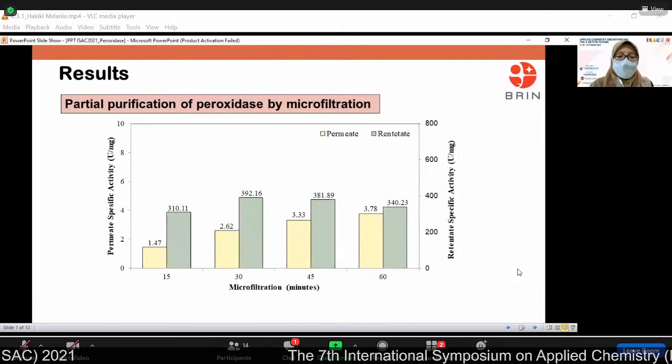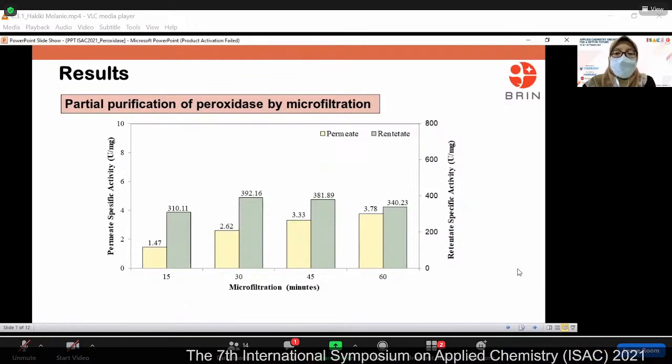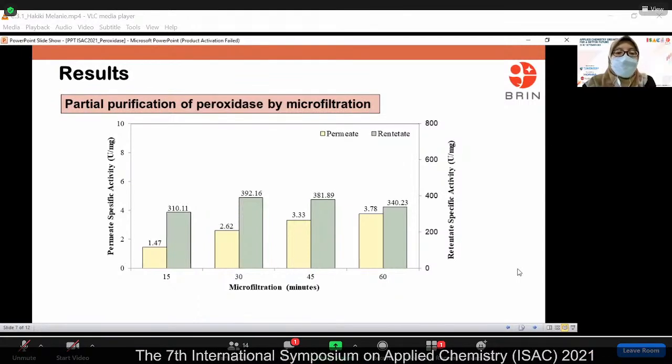precipitation. To obtain the partial purification of peroxidase by microfiltration, crude enzyme from ammonium sulfate precipitation was subjected to microfiltration and ultrafiltration. The pre-filtration on microfiltration was conducted as a necessary step before ultrafiltration.